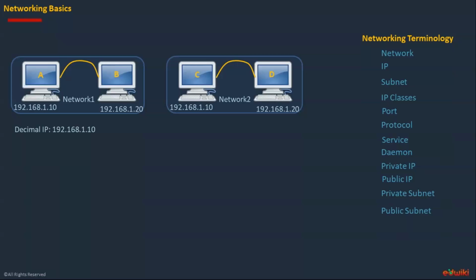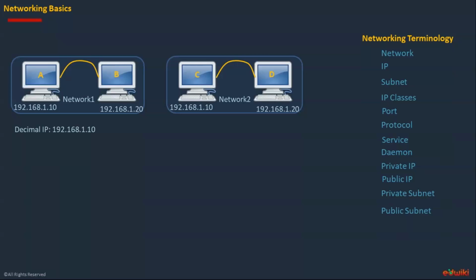This decimal IP address format says that your IP address should have a total of 4 fields. If you see here, 192 is one field, 168 is one field, 1 is one field, and 10 is another field. So it has a total of 4 fields separated by a dot. That's a standard pattern, guys. From the technical perspective, each field, each number that you see, is called an octet.